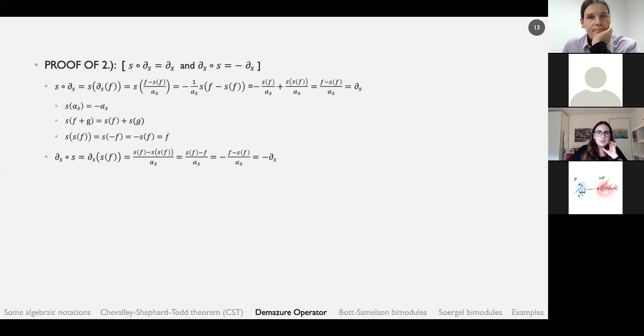Then we use the fact that S of F plus G can be written as S of F plus S of G. So here S of F minus S of F can be written as S of F minus S of F.